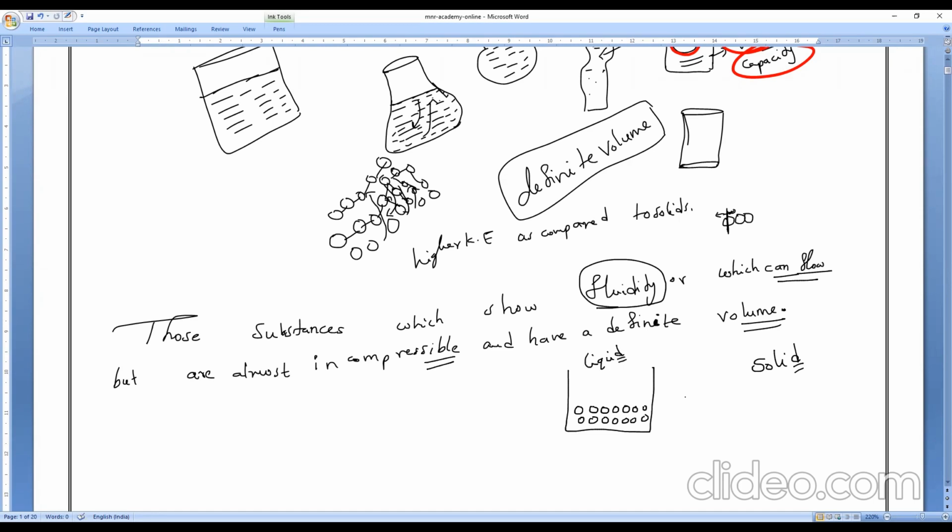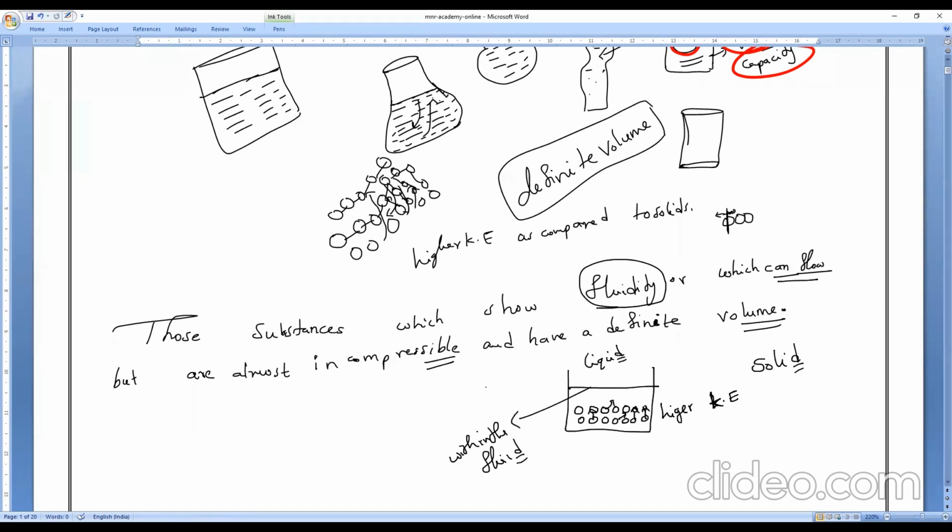These particles have higher kinetic energy than solids, so they keep on moving inside the fluid. Keep it in mind, within the fluid the particles keep displacing from one place to another place. That is what we call the liquid state.